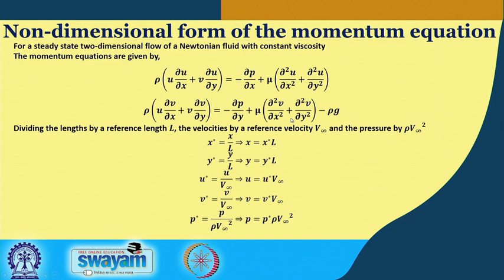Now, if you look at the full momentum equation for the Newtonian fluid, you will find that w dou u by dou z is added. This term is added here, and when you go for the viscous term, you will find it is coming like dou 2 u by dou z square. Please understand, in this x direction equation, we do not have the body force.